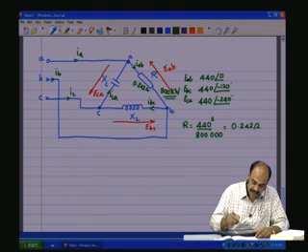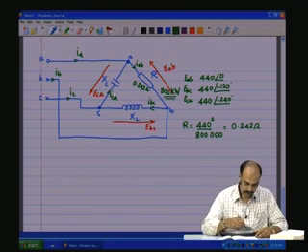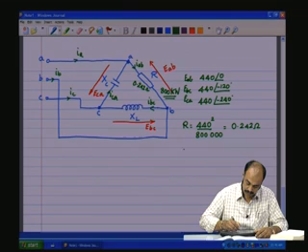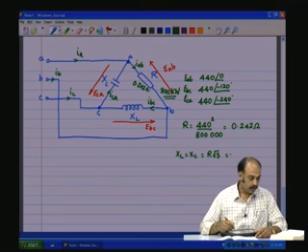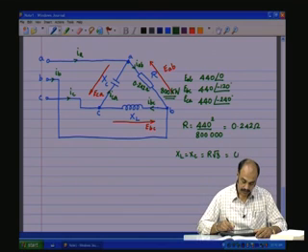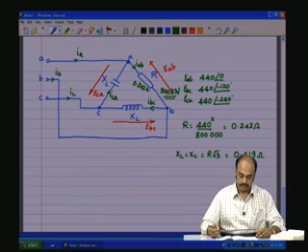The value of XL and XC should be XL equals XC equal to R root 3, and that is 0.419 ohms.